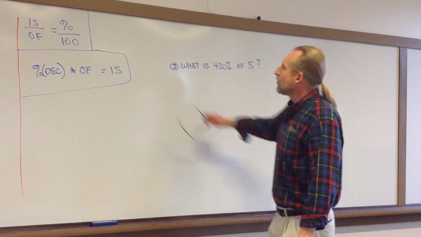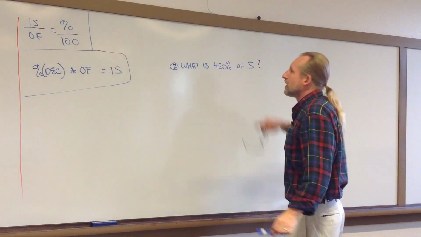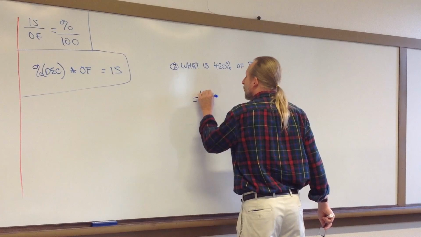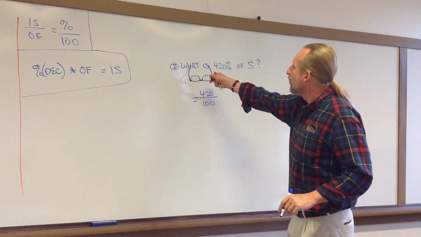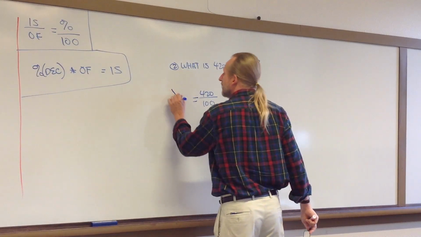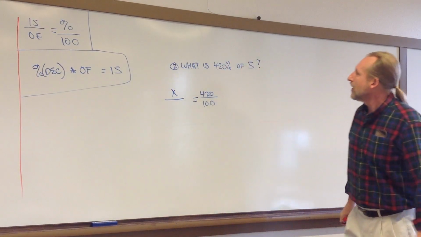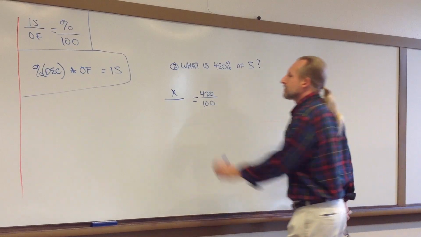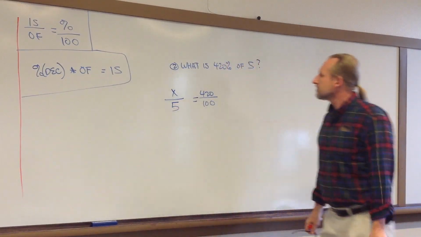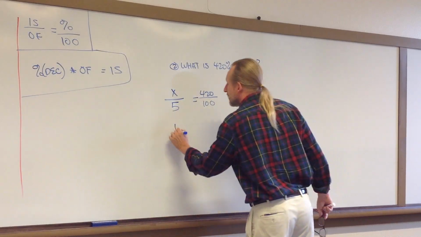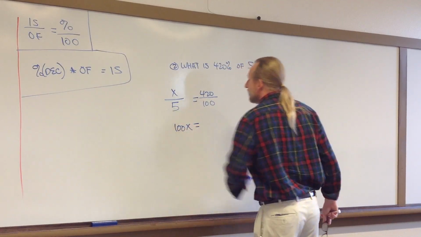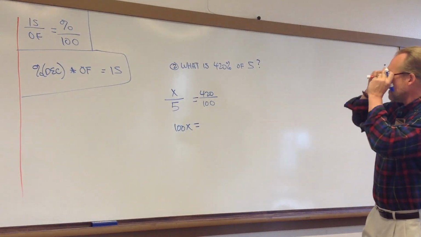We just take the number of the percentage, 420, put it over 100. We're saying what is, so the is our unknown, of 5. So 5 goes down here. And then we cross-multiply to solve this proportion.